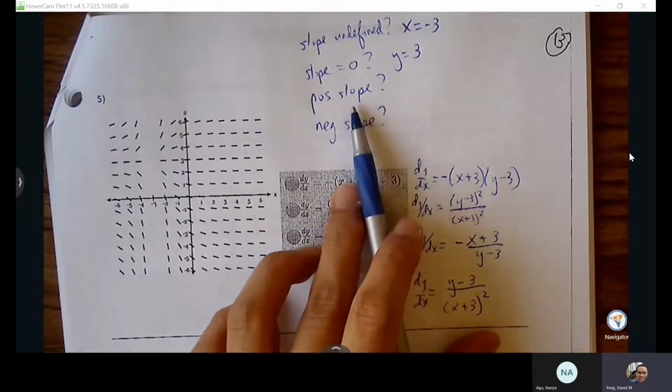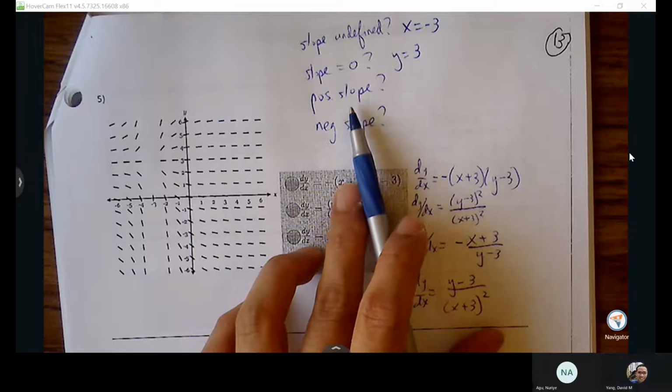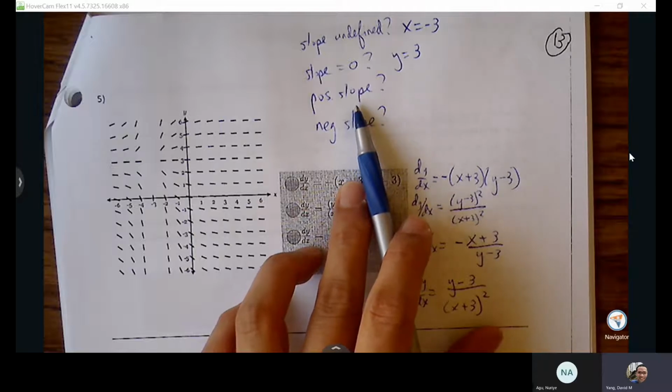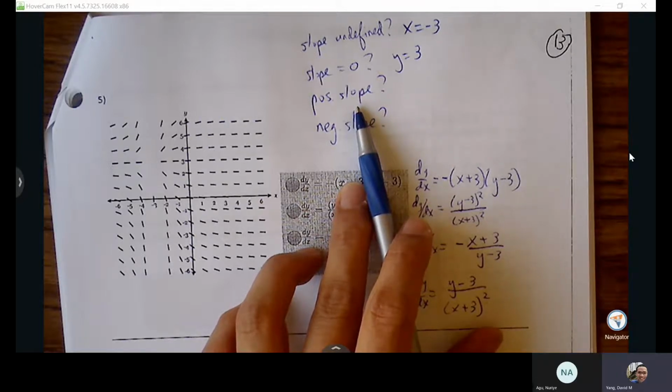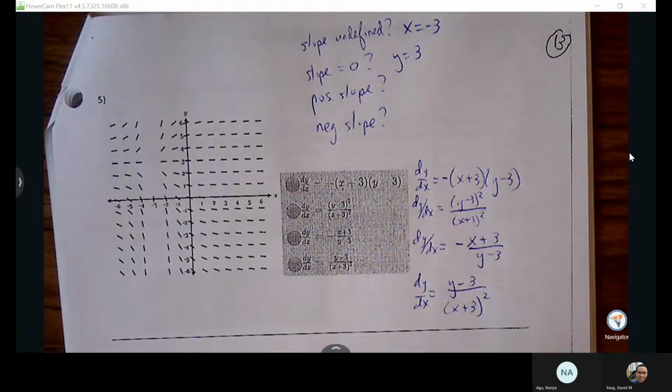Okay, can you make a general observation as to when we're experiencing positive slope on this graph? I'm not completely sure. How about negative slope? Do you see a dividing line that separates the positive from the negative slope?